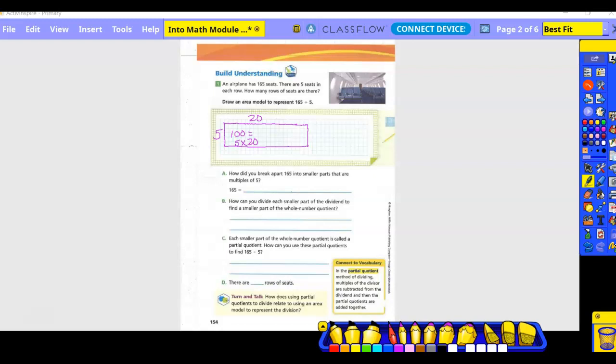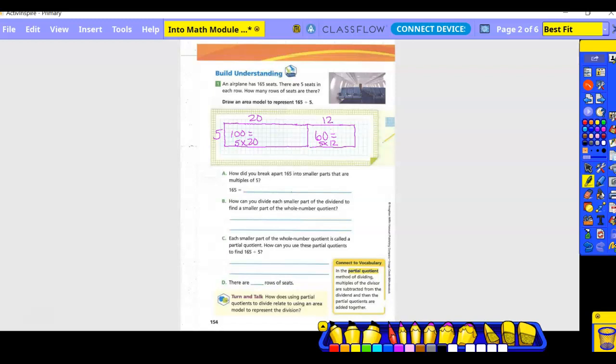What could I break that into? Could I do 60? Can I just do each place value? What would that be? 5 times what gets me 60? 12. Then I have to go over 12 boxes, and there's 12 up here.